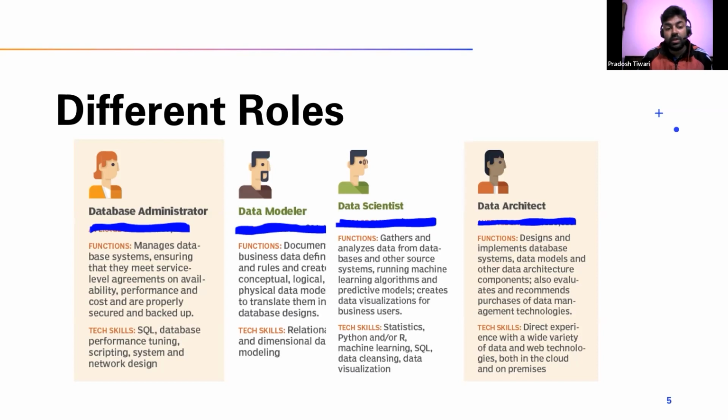And data modeler, in the sense, data can be in different formats, and data can come from different businesses or functions within the organization. So let's take an example. Within an organization, you see a lot of different departments. It could be HR, IT, finance, and many more.